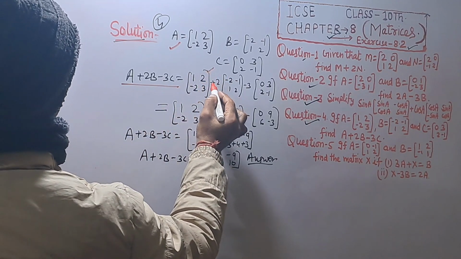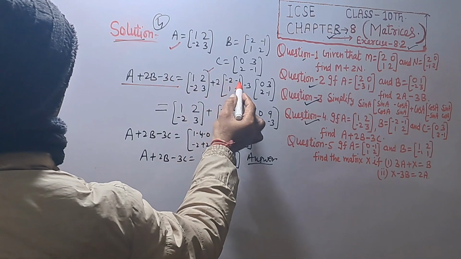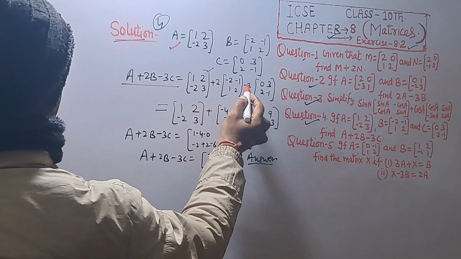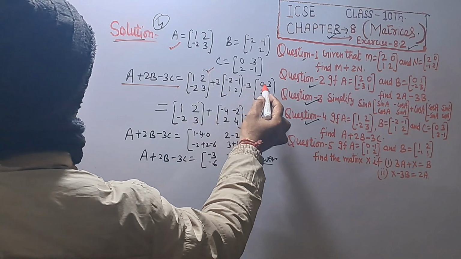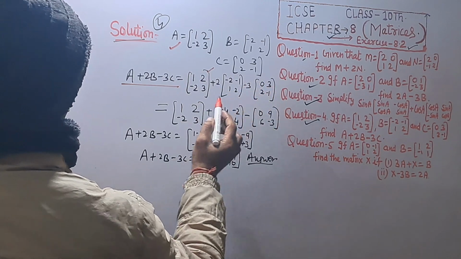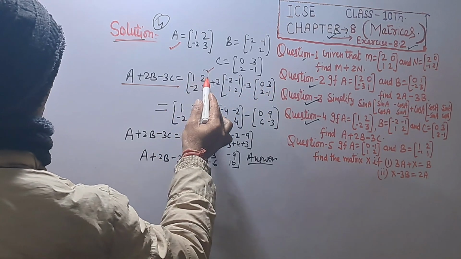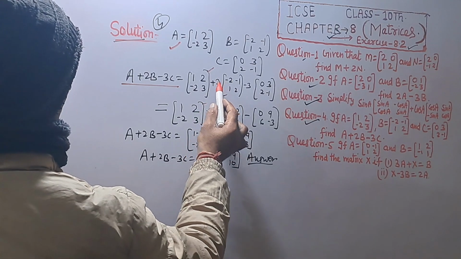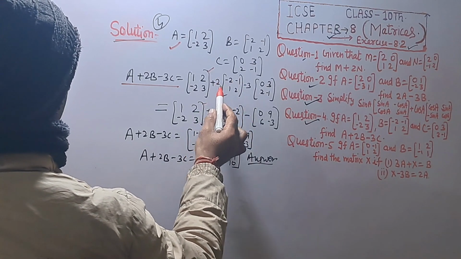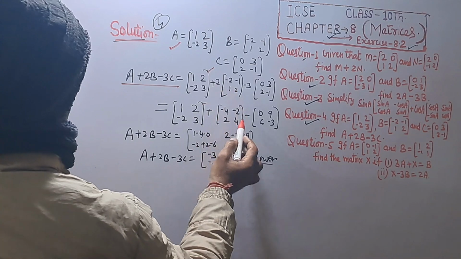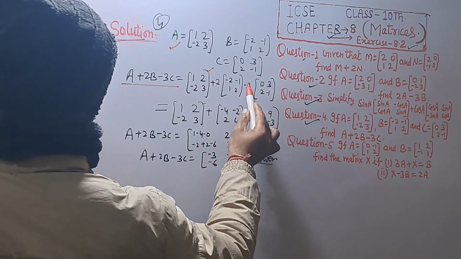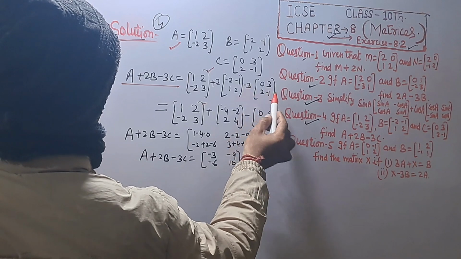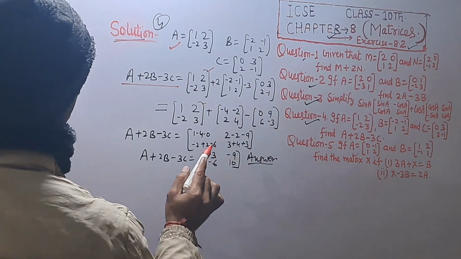A as it is, plus 2 into B, and minus 3 into C. That is equal to A as it is, 2 multiplied by -2 is -4, 2 1s are 2, 2 1s are 2, 2 2s are 4, 3 zeros are 0, 3 3s are 9, 3 2s are 6, and 3 1s are minus 3.